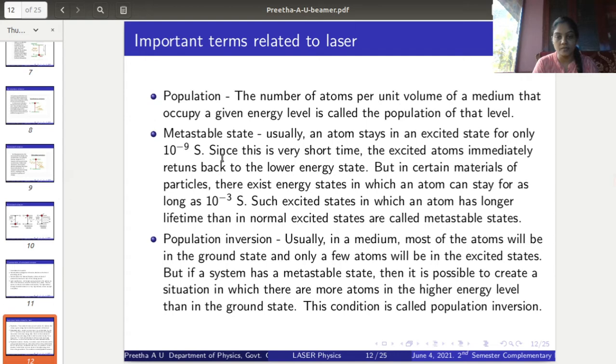Since this is a very short time, the excited atoms immediately return to the lower energy state. But in certain materials, there exist energy states in which an atom can stay for as long as 10 to the power minus 3 seconds. Such excited states in which an atom has a longer lifetime than in normal excited states are called metastable states.